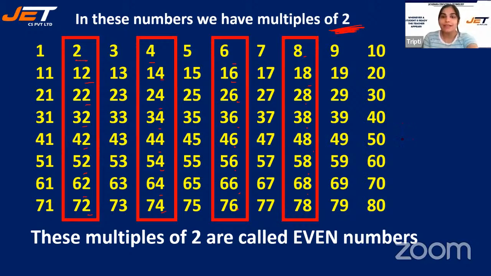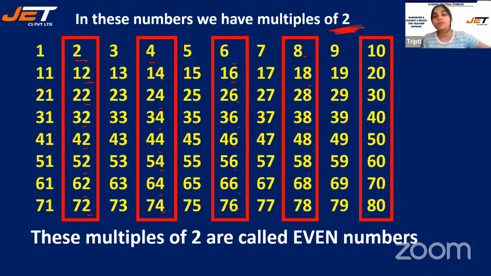The numbers that end with 2, 4, 6, 8, 0 are called even numbers, and these numbers are the multiples of 2.